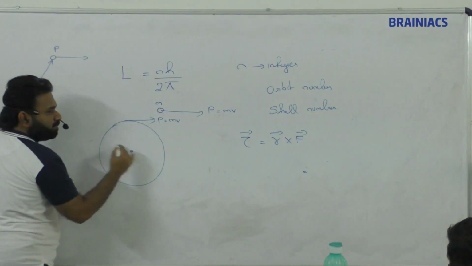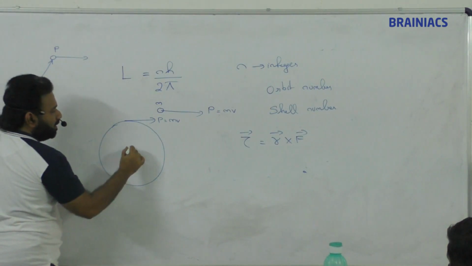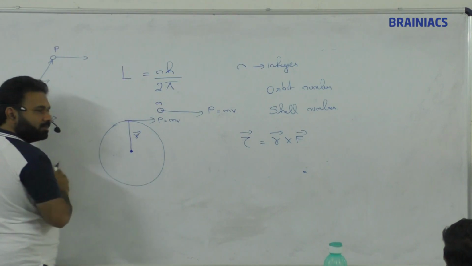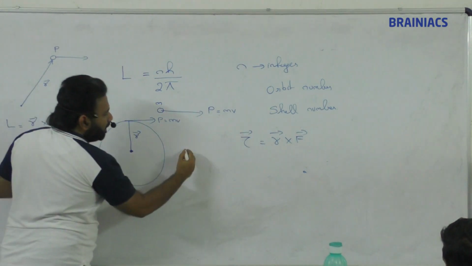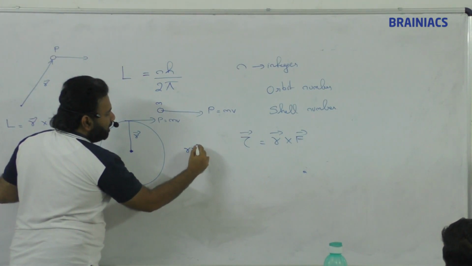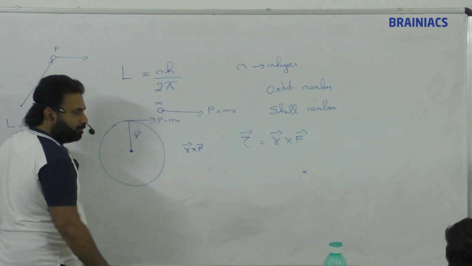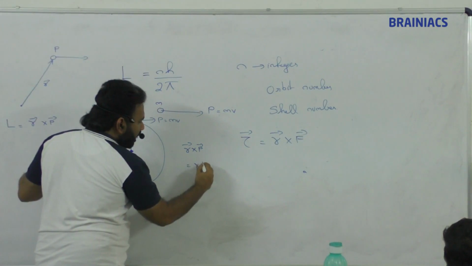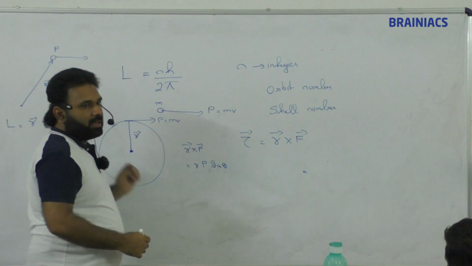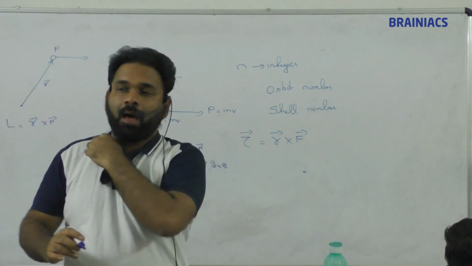With respect to the center, if you take this radius, this radius is nothing but the r vector. So this is r cross p, which is nothing but rp sin theta. What is theta? The angle between r and p.